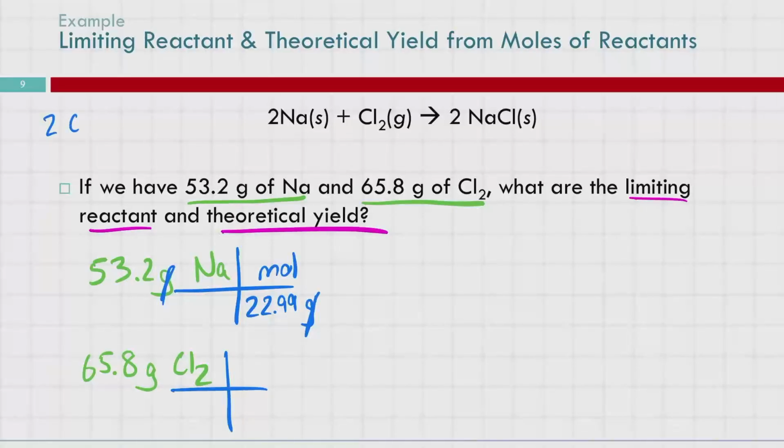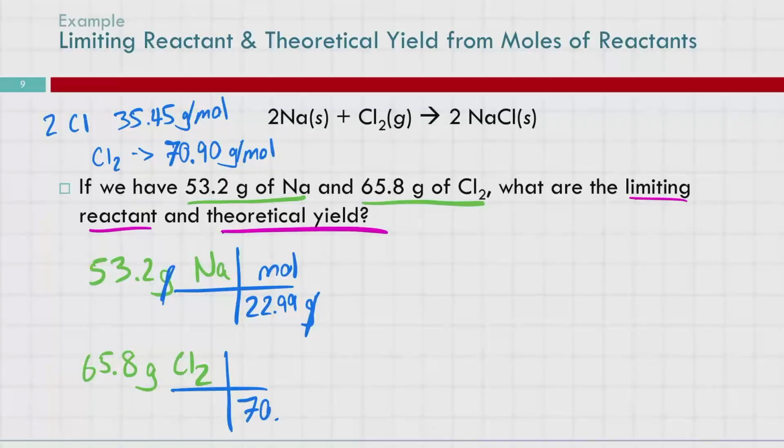Right, we've got 2 Cls. Each Cl is going to be 35.45 grams per mole. So Cl2, 70.90 grams per mole. Same idea, we're going to divide by our molar mass, so the grams cancel.